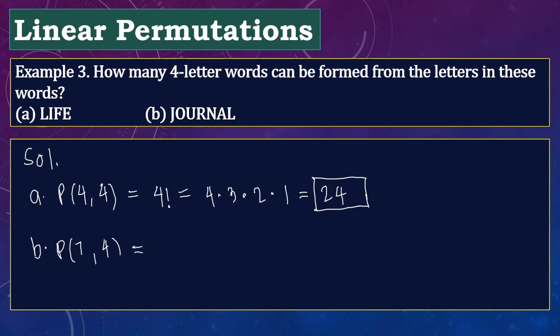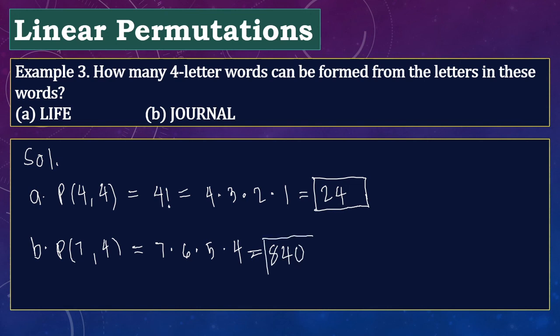So, this one can be considered as multiplying 4 consecutive numbers starting with 7. Okay? So, 7 times 6 times 5 times 4 is equal to 840.